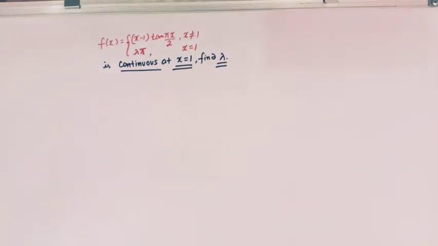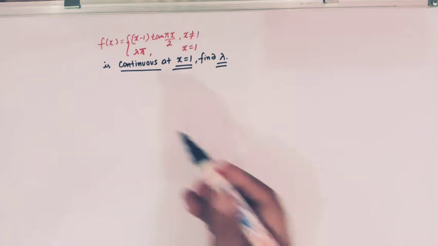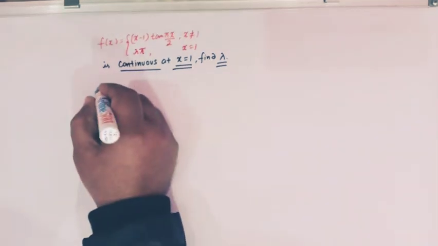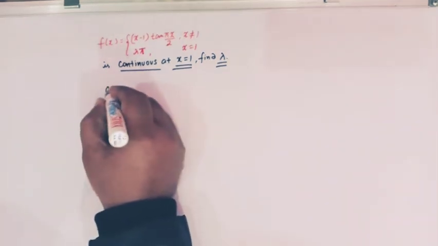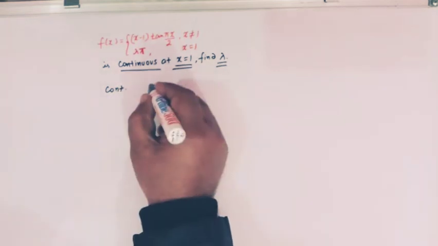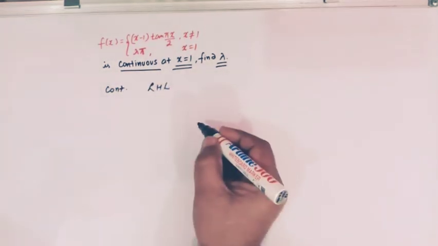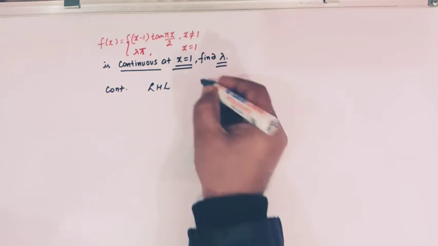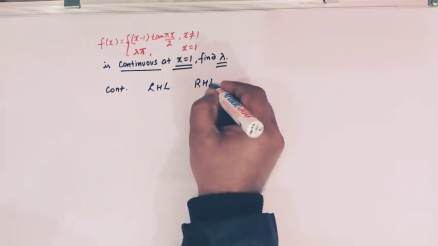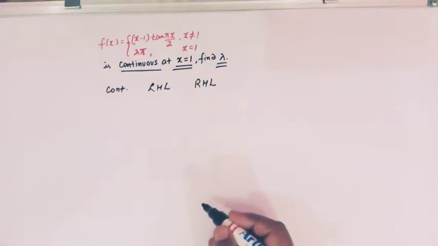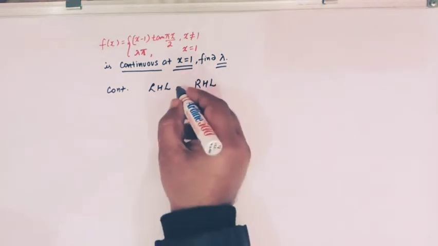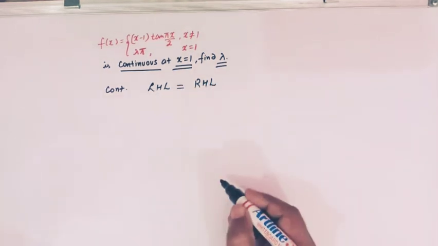Okay, so let us start. A function is said to be continuous if the left hand limit exists and is finite, the right hand limit also exists and is finite, and both are equal.